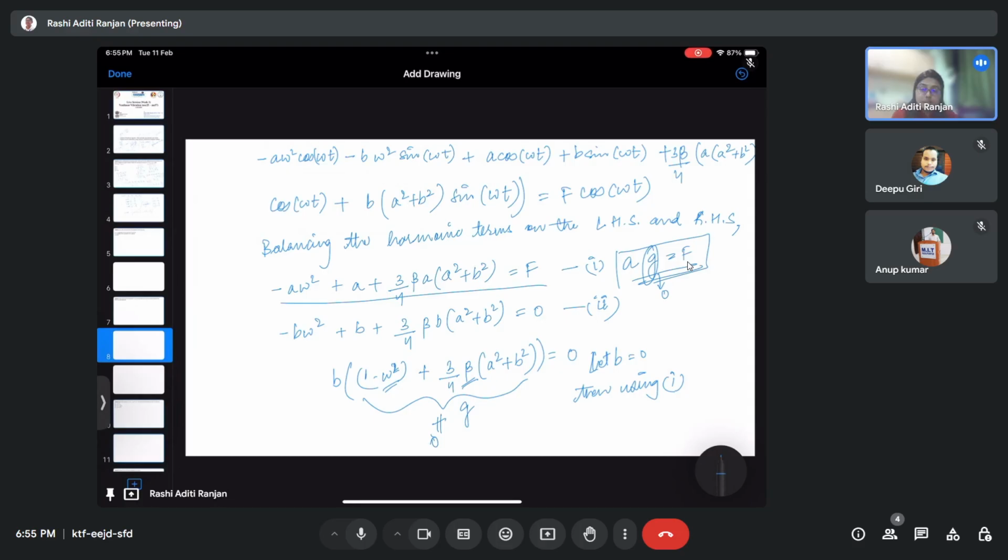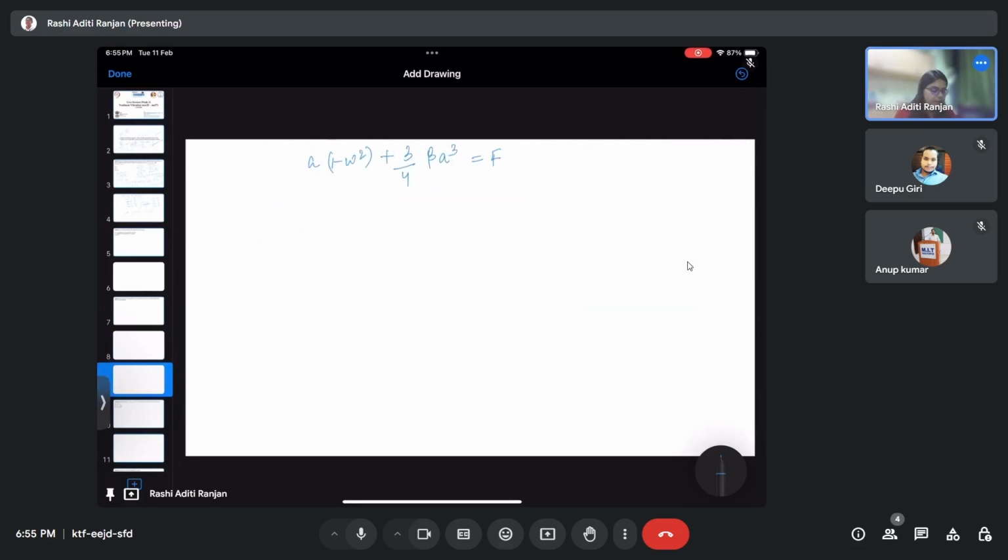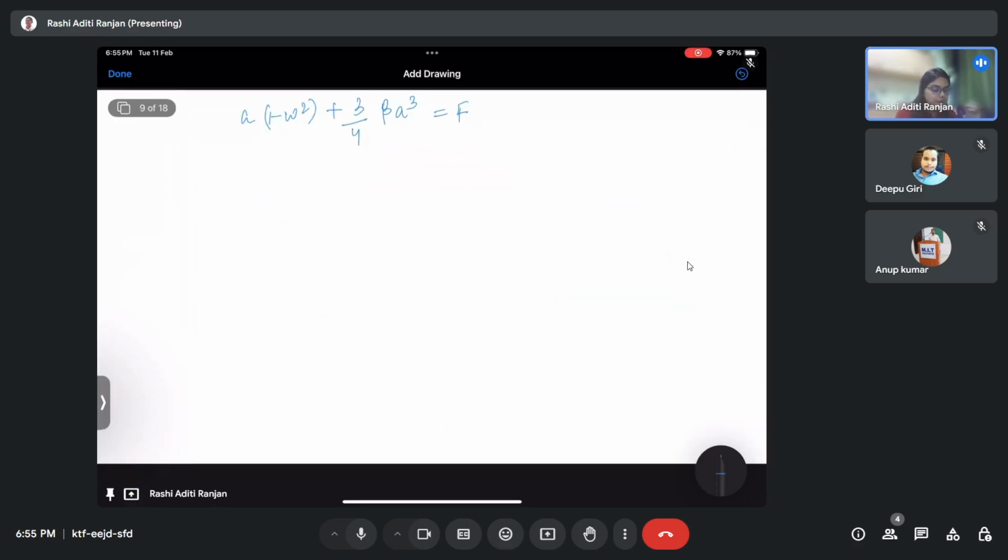This equation will not exist. That is why we cannot consider g equal to 0. So this will be wrong. So this is the expression that we get. This can be further written as a times 3 by 4 beta a square plus 1 minus omega square is equals to f.